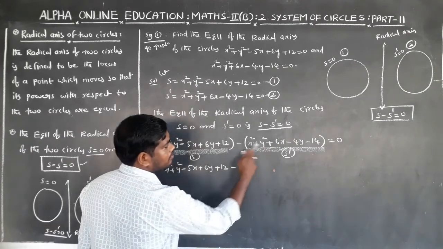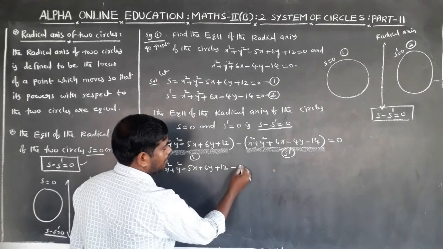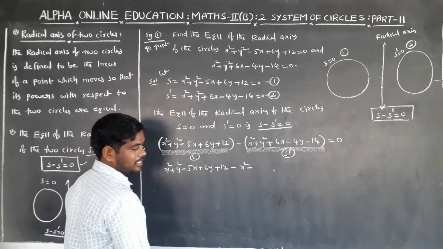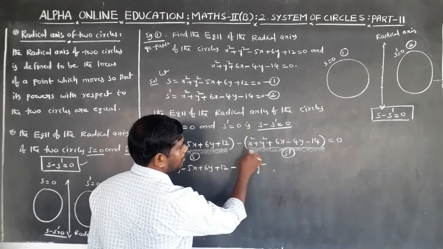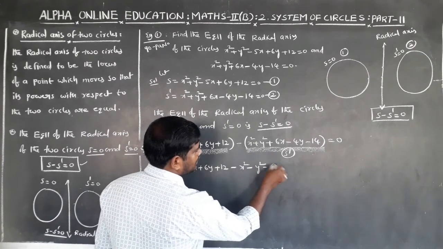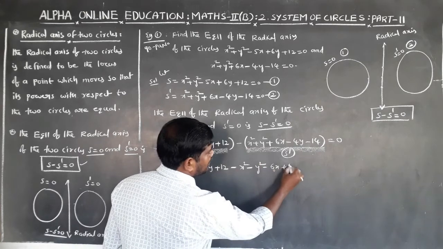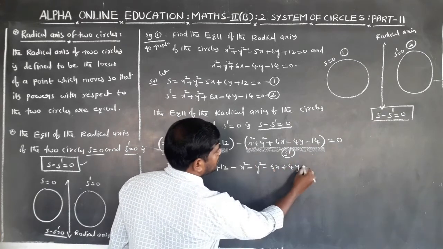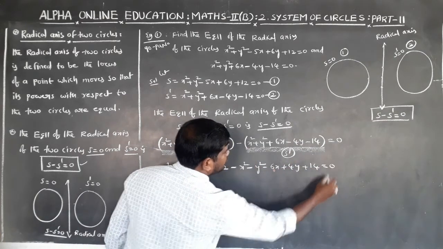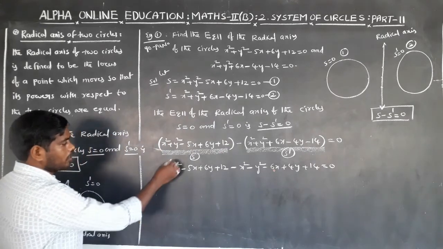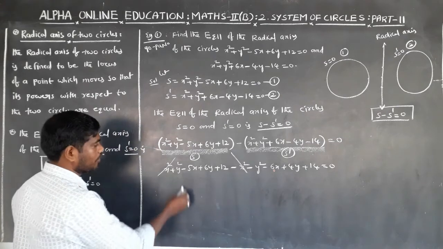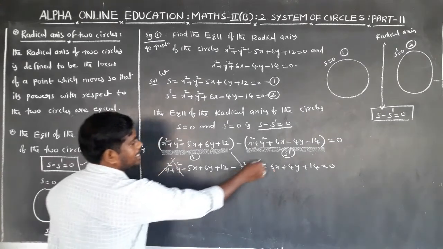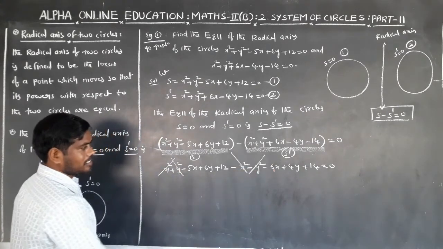This equation, multiply with minus: minus x square, minus y square, minus 6x, plus 4y, plus 14 is equal to 0. Plus x square minus x square get cancelled. Plus y square minus y square get cancelled.